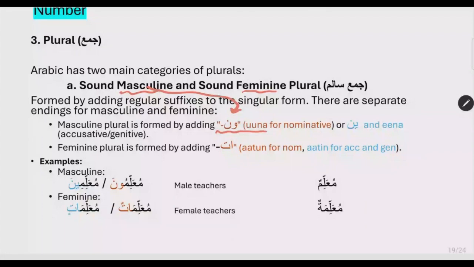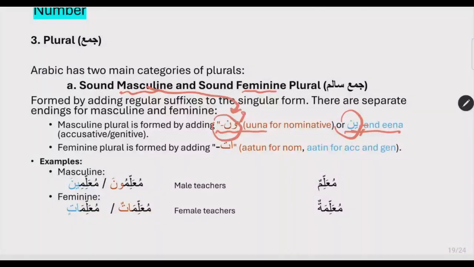In the nominative case, and ina in the accusative and genitive, so a kasra on the last letter followed by yanun. So the una here, dhamma followed by waw-nun, or the kasra followed by ya-nun. Those are the forms of the sound masculine plural.